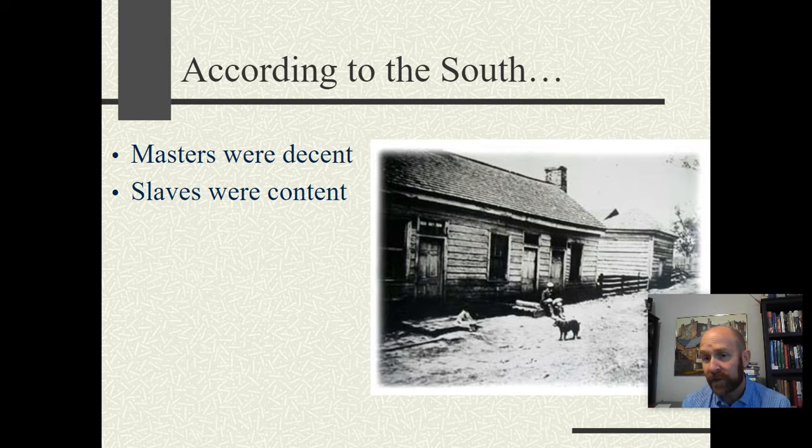They're also going to argue that they're content because they understand their place, that there is a rigid hierarchy in the South, and that slaves know how they need to behave, and they don't have to navigate some unvocalized hierarchy like they do in the North, right? The slave owners will say the North claims to be this bastion of freedom, but then they don't actually treat African Americans the same.